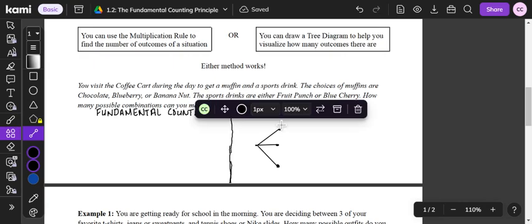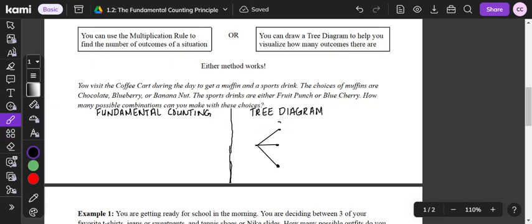So from here, let's go ahead and label these. I'll do C for chocolate, BL for blueberry, and BN for banana nut. Then from those choices, I have two kinds of sports drinks for each one.